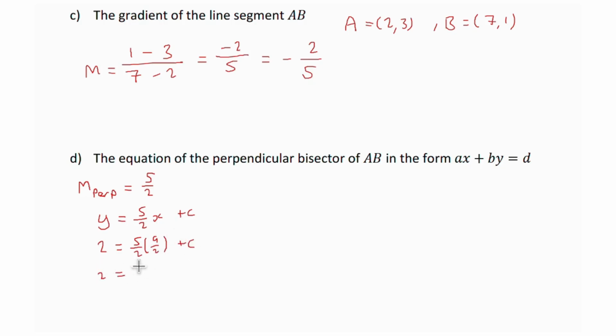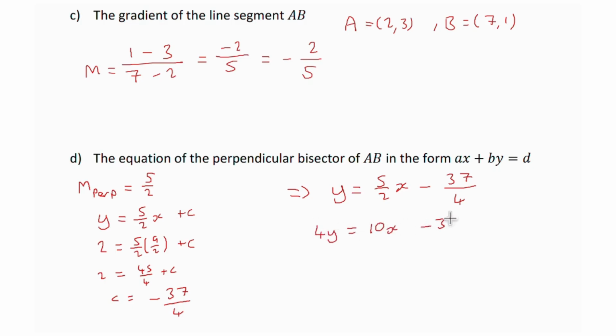which means we get 2 is equal to 45 over 4 plus c, which gives us a value of c of minus 37 over 4. So that means that we have the equation y equals 5 over 2 x minus 37 over 4. But we need to give it in this particular form, so let's multiply through by 4. 4y equals 10x minus 37.